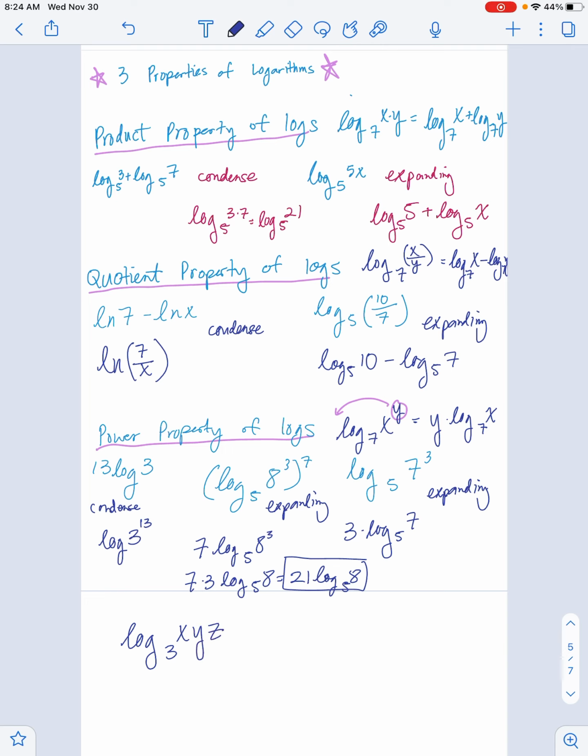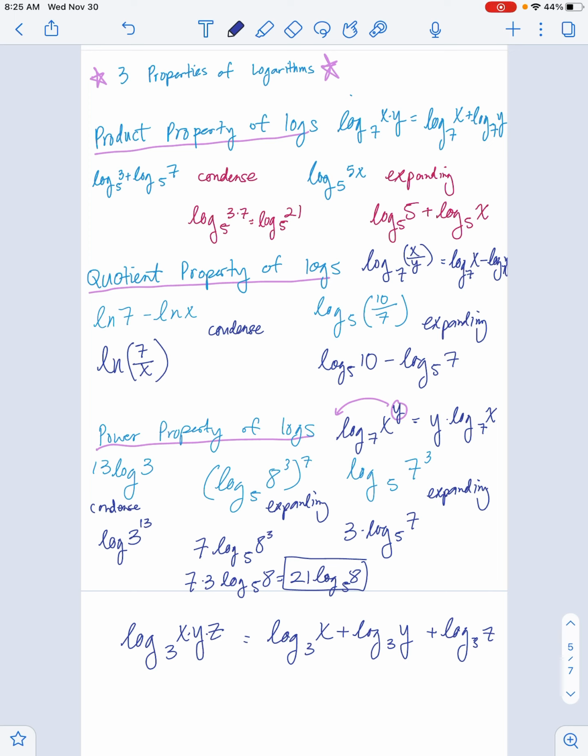Well, now this time you are still doing product property because I have multiplications, but you're not just going to split it into 2 logs, right? I have 3 things being multiplied inside. So I'm going to split it up into 3 separate logs with a log base 3. So log base 3 of x plus log base 3 of y plus log base 3 of z. Right? So you can have something like that, and that's totally fine.